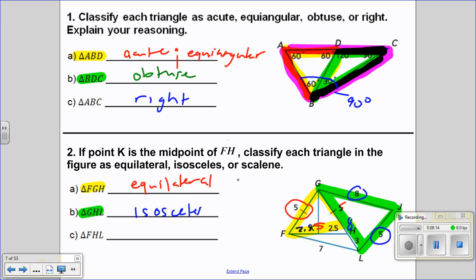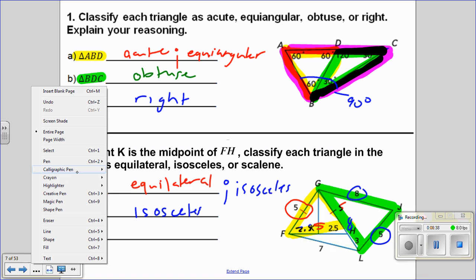Also, FGH is isosceles as well, because again, the definition of isosceles means at least two sides are the same. So again, at least means two or more, and all three of those were the same. So that's why it's both isosceles and equilateral.